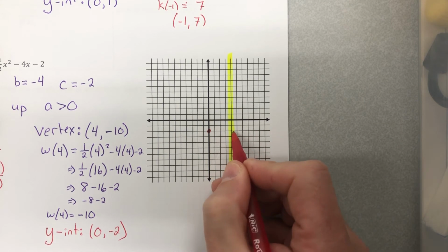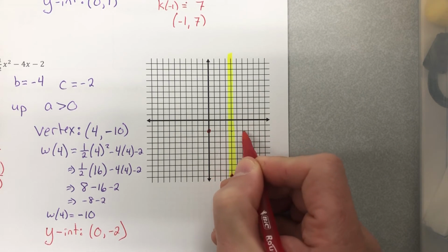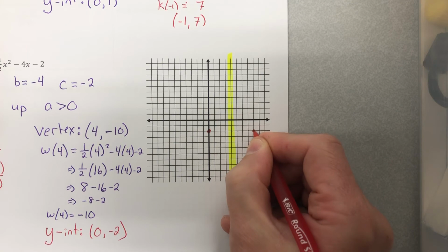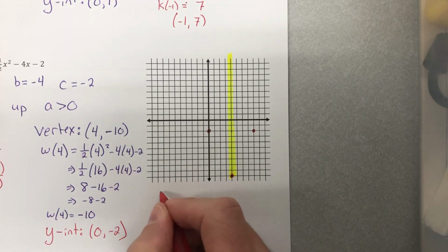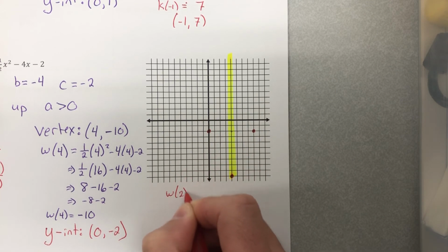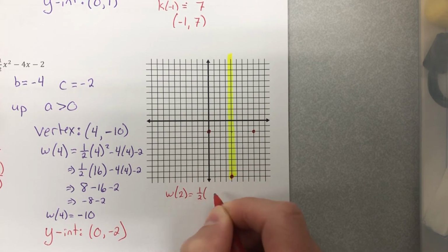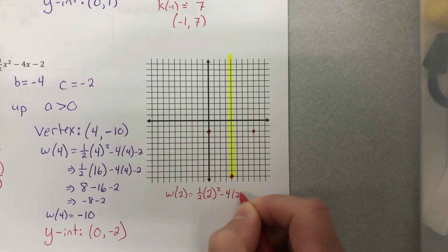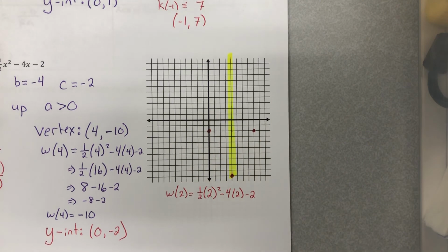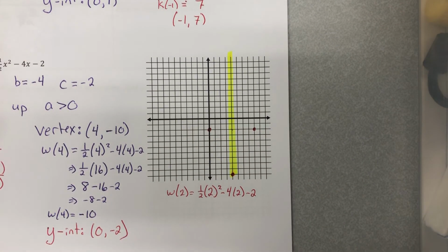So I'm also going to put a point 4 to the right. Now we need one more point here. So I'm going to plug in 2. You could plug in other values, but I just picked the midpoint between these because I know something nice will happen. We'll get a whole number instead of having to estimate.